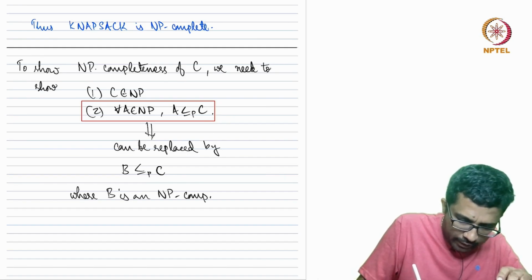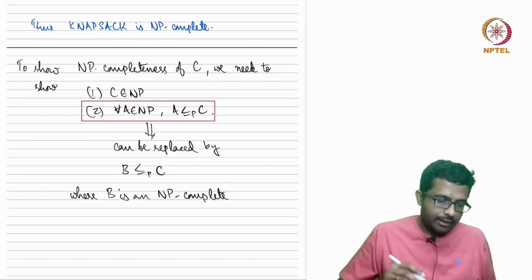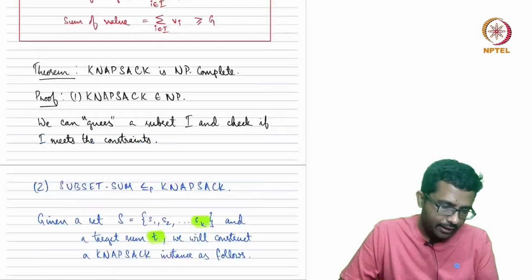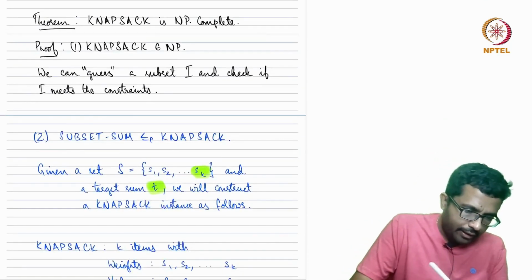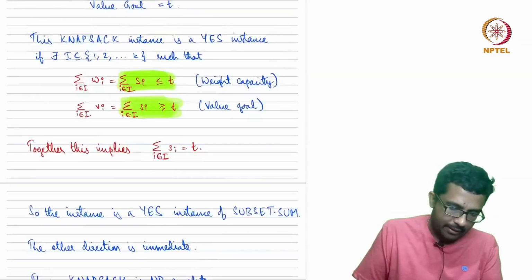So instead of showing that all the A in NP reduce to C, we just show that a selected NP complete problem reduces to C. In fact, that's the strategy that we have already seen. Here we reduced subset sum, which is already shown to be NP complete, to knapsack.